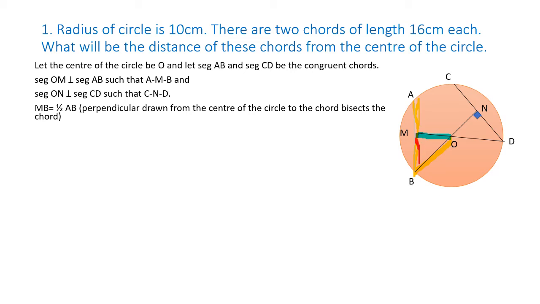So this MB is half of AB, and that's why we explained that there. MB is half of AB because the perpendicular drawn from the center of the circle to the chord will bisect the chord. And therefore, since MB is half of AB, and AB is 16 centimeter, MB will be half into 16, which is 8 centimeter.